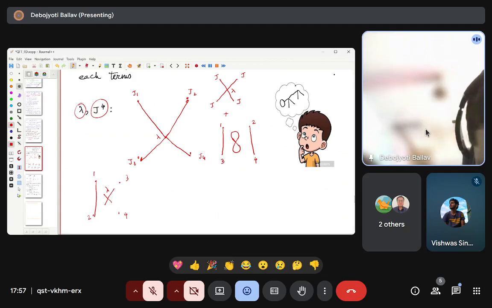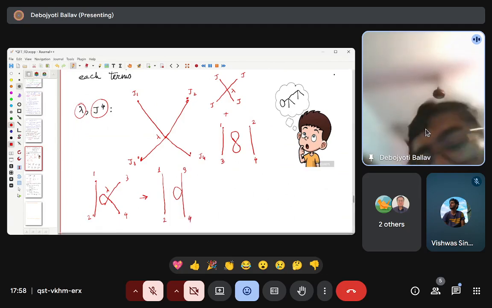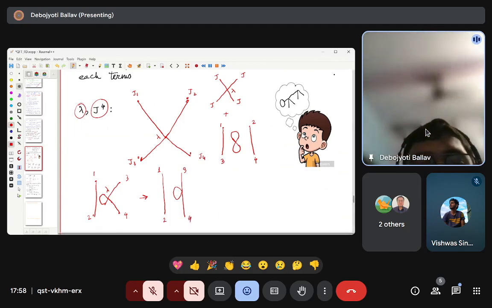So you can connect this with 3, this with 4. The other 2 points remain, you just connect them both. But we usually don't draw like this, we used to draw like this, 3, 4. These are all lambda j to the 4th order terms.